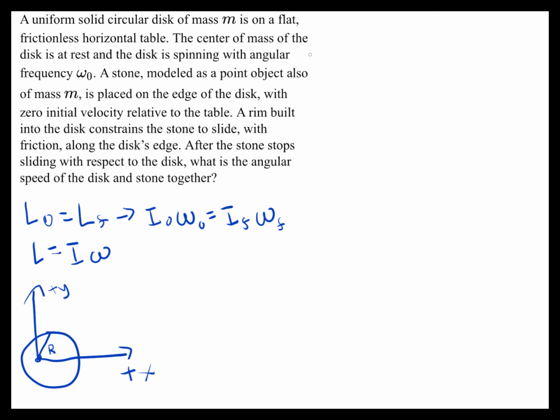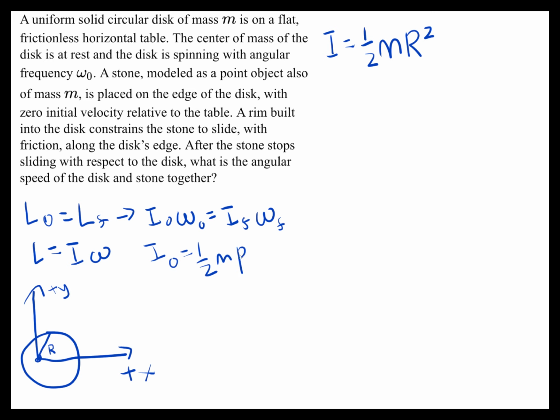The moment of inertia of a disk is given by 1/2 the mass of the disk times the radius of the disk squared. That's going to be our initial moment of inertia, since it's just the moment of inertia of the rotating disk.